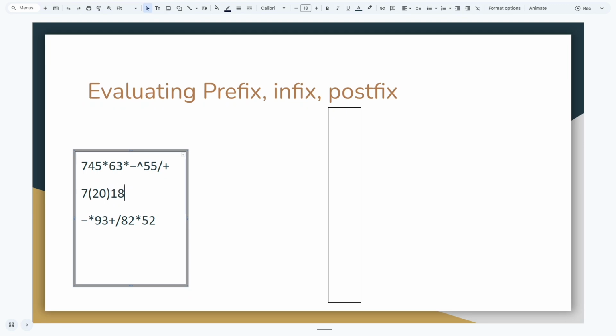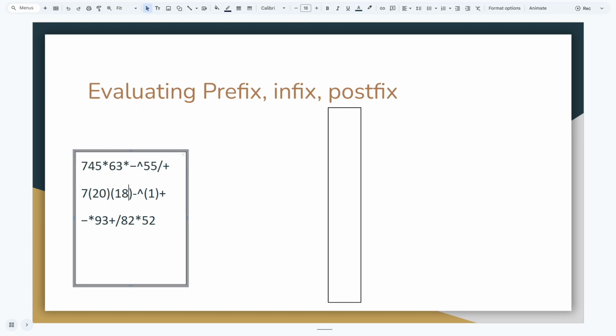Now we continue. We get a minus, then a power, and now 5, 5, divide. 5, 5, divide in postfix is 5 divided by 5, so we can just turn this entire thing into 1. And now we have a plus at the end.